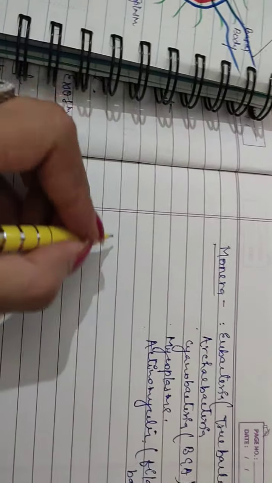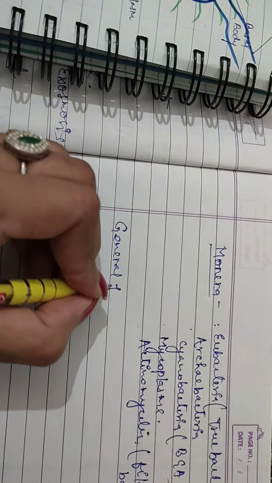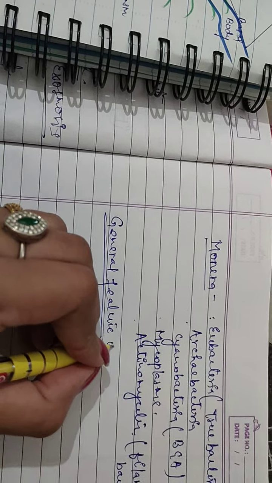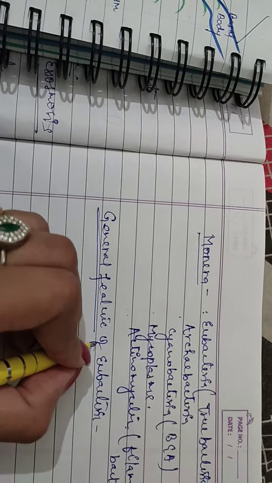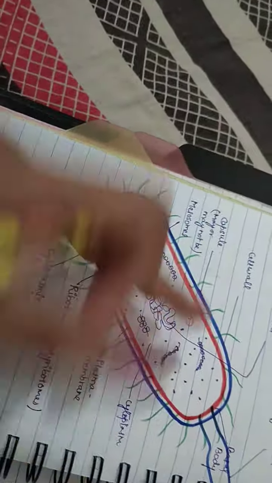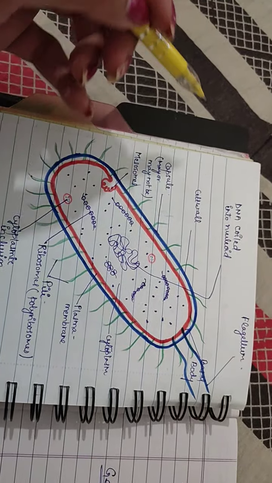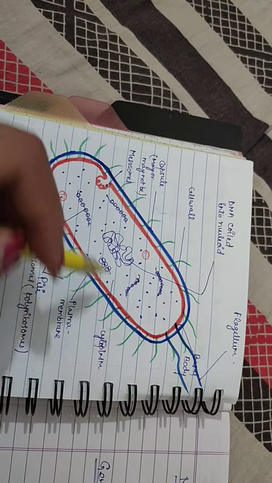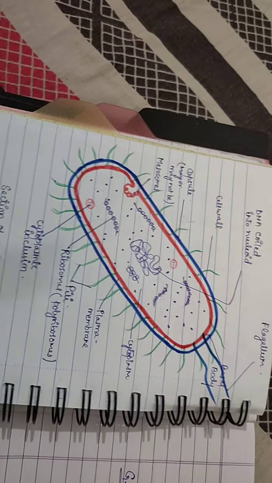So there are some general features of Eubacteria which I am going to discuss here. First thing, you just see the diagram of this bacteria. This is a bacterial cell. You can see there is an outermost covering which is known as cell wall.